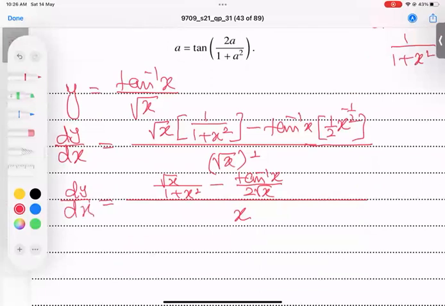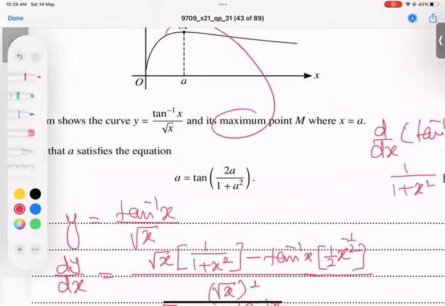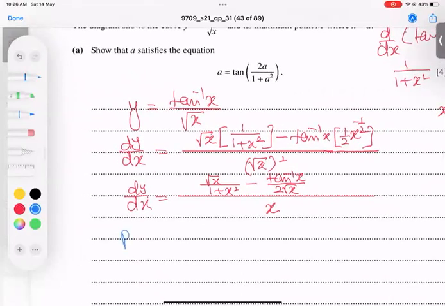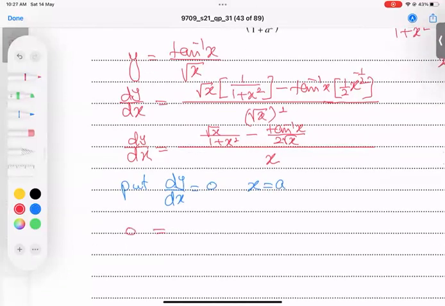Now, a very interesting part, because we know it is a maximum point, a stationary point, and at a stationary point we have to put the derivative to 0, and at the same time x is equal to a. I'm going to write here, put derivative equals 0, and x equals a. So when I put 0 here, and here I'm putting a, root a over 1 plus a squared negative tan inverse of a by 2 root of a.